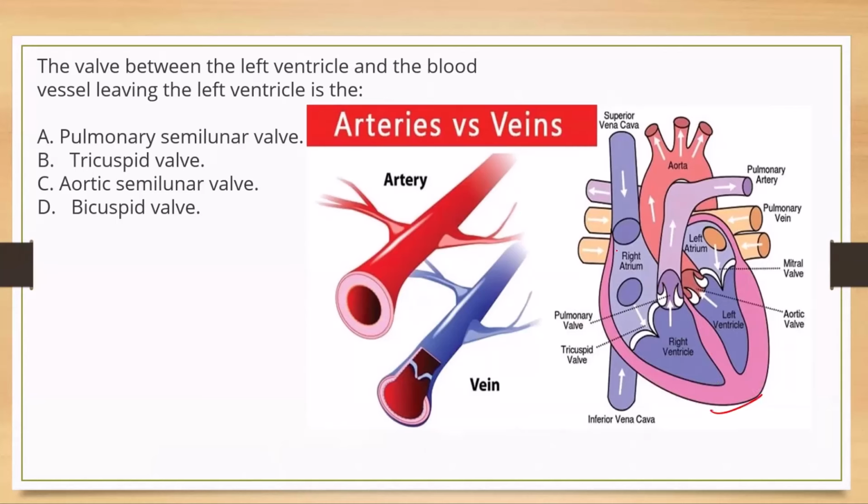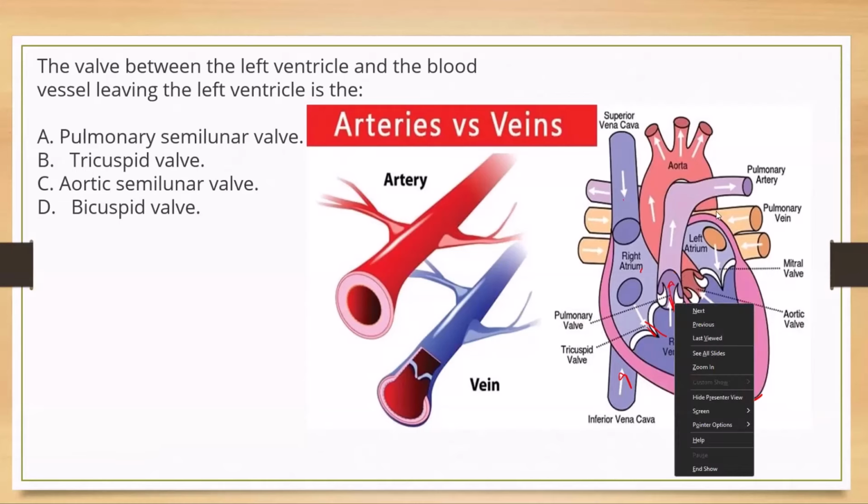So basically, we have the superior vena cava and the inferior vena cava, right? Coming into the right atrium. From the right atrium, blood passes through what we call the tricuspid valve. So this valve here is called the tricuspid valve. It moves blood from the right atrium to the right ventricle. And then from the right ventricle, blood flows into the pulmonary artery through a valve called the pulmonary valve.